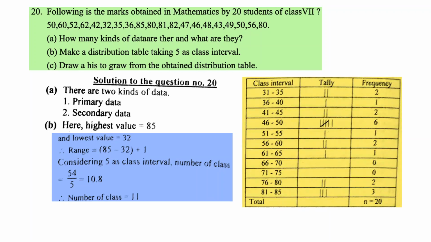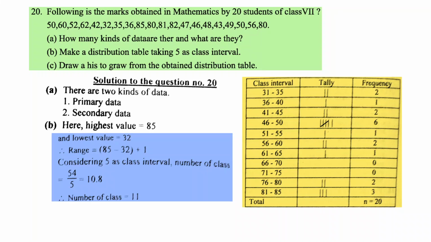Now the frequency distribution table. You can write class intervals as 30 to 34, 35 to 39, but you can write 32 to 36 as you favor.